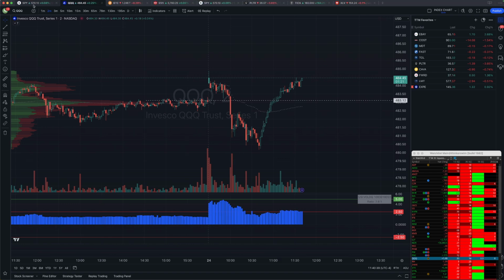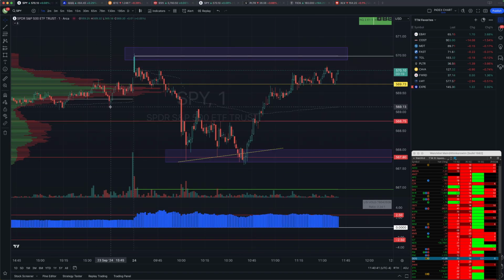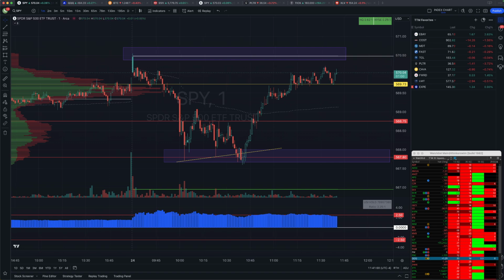So I just wanted to give another perspective to the bounce in the Qs and the bounce in the SPY that we all played today. There's just other ways to look at that, right? If you have a high VOLD ratio and you're playing a bounce at 10:30, you have the confidence to let this run.